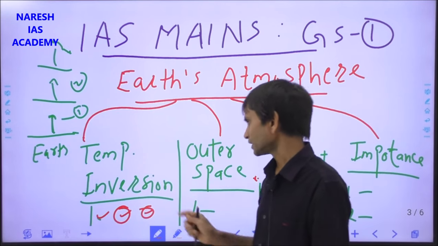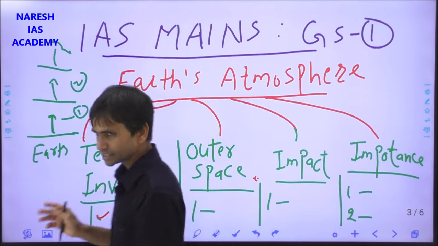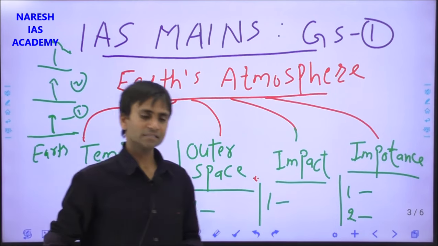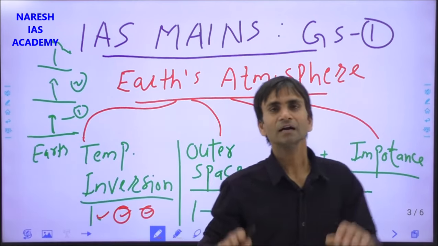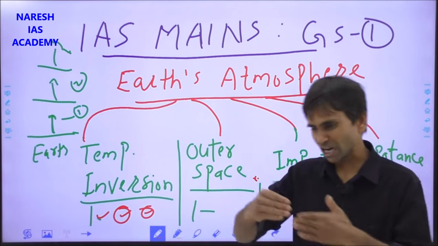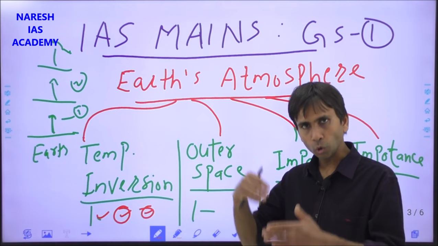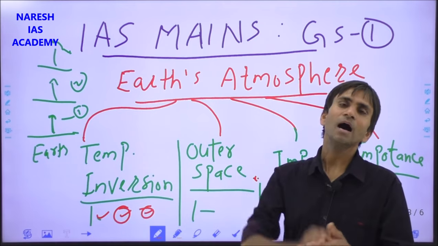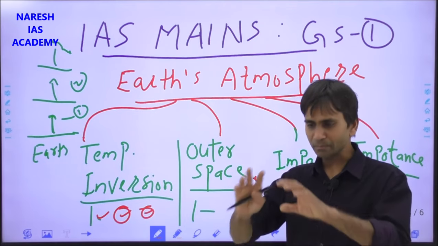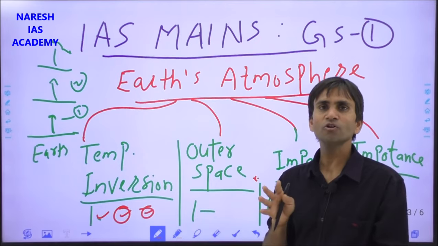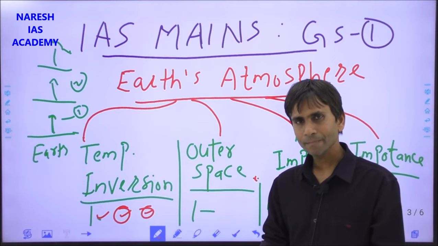Temperature inversion suppresses convection, the transfer of heat from the lower layer to the upper layer, and it makes for a concentration of air pollutants.